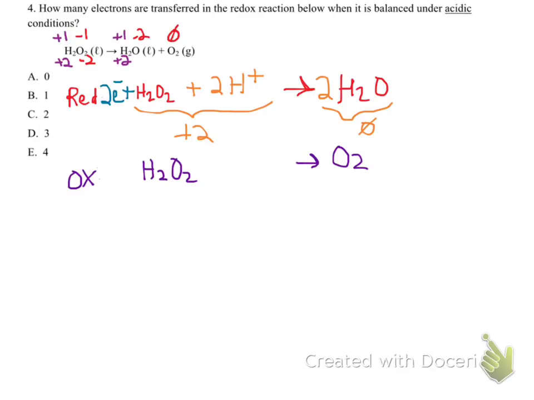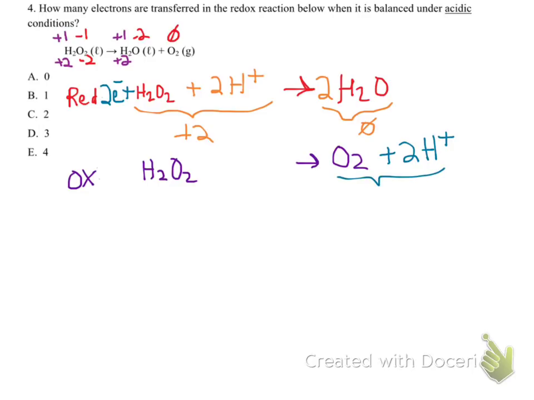Great. Now then, let's balance the oxidation half reaction. Since oxygen is already balanced on both sides, now we need to balance the hydrogen. So I'm just going to put plus 2H+. Now then, everything other than oxygen and hydrogen are balanced. Oxygen's balanced, and hydrogen is balanced. So we are ready to move on to electrons.